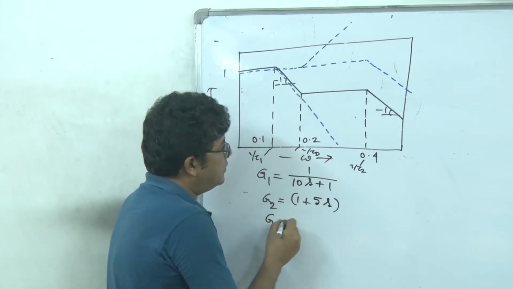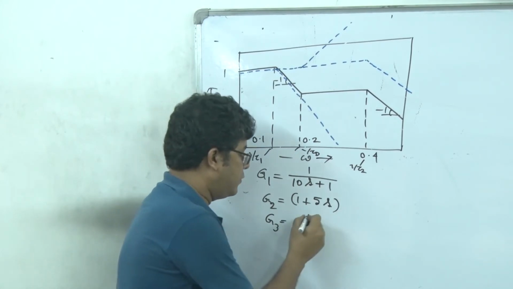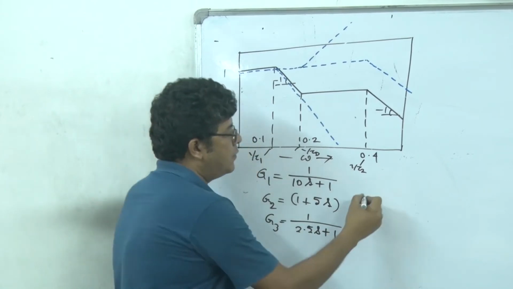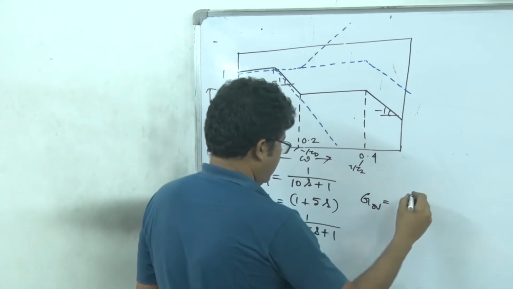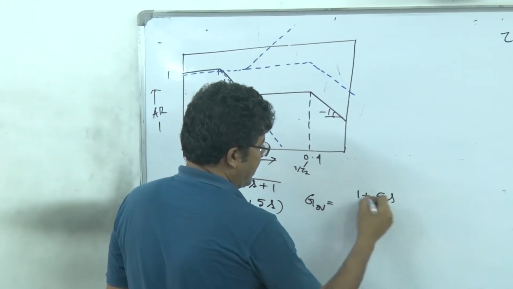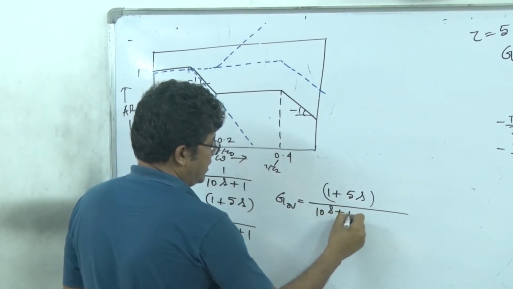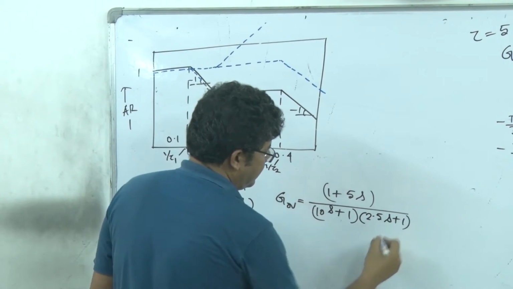And G3, this is 0.4, so it's 2.5, so 1 divided by 2.5s plus 1. So the overall transfer function will be 1 plus 5s divided by 10s plus 1 into 2.5s plus 1.